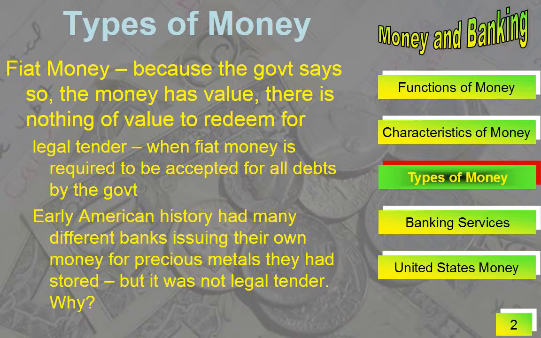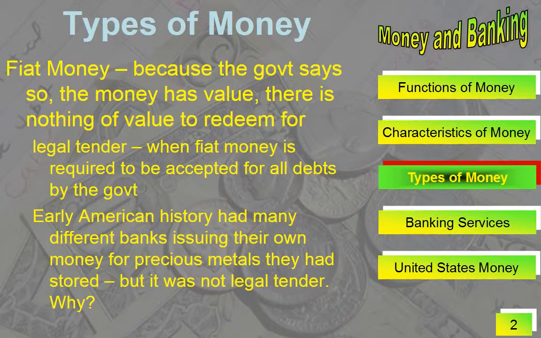It is legal tender, which means the government requires people to take it as payment. There is no gold anywhere sitting somewhere waiting for that money to show up and claim it. That went out in the 1940s.